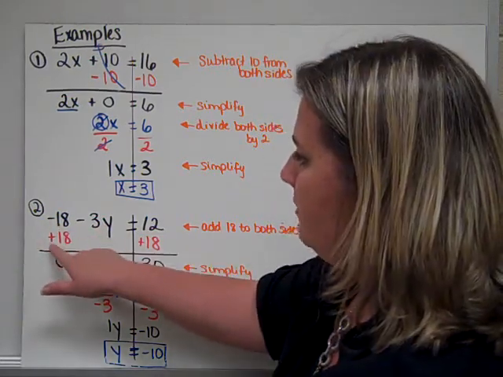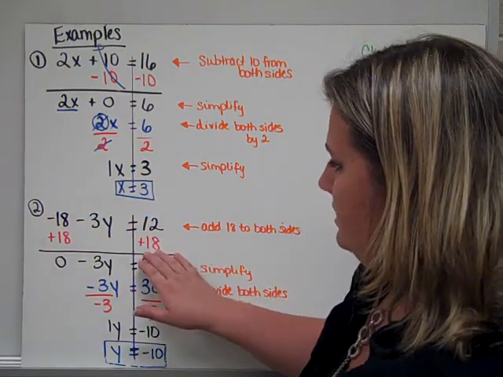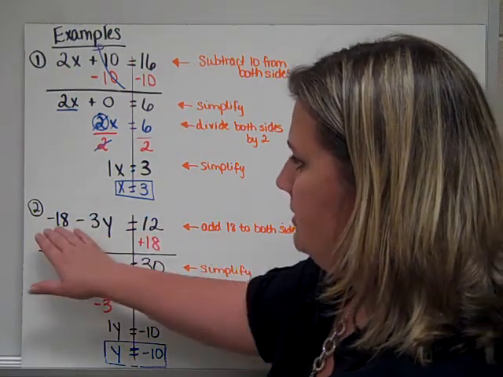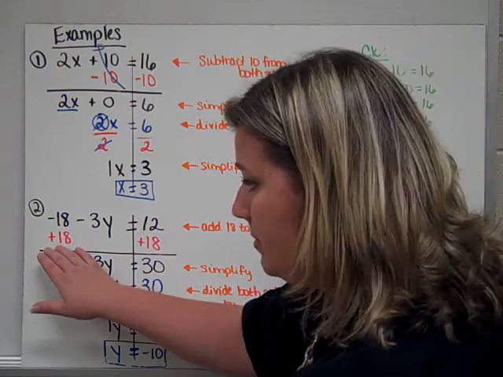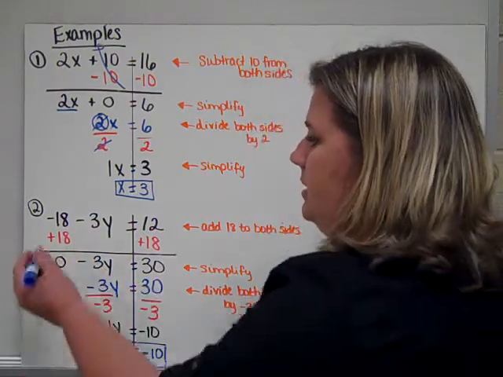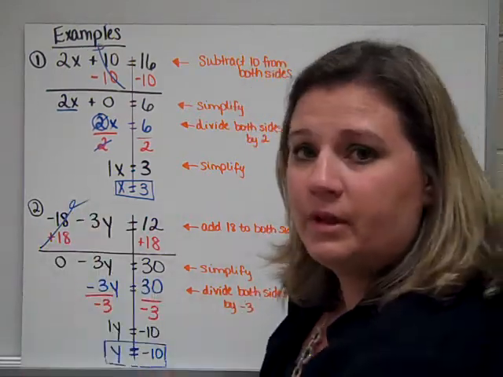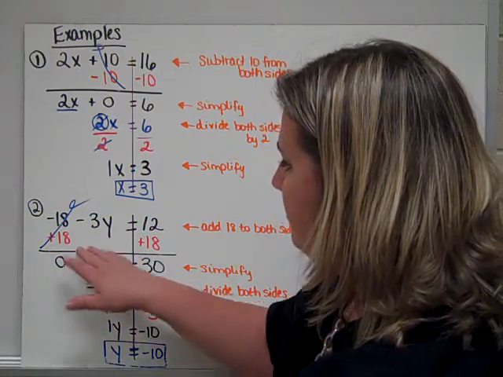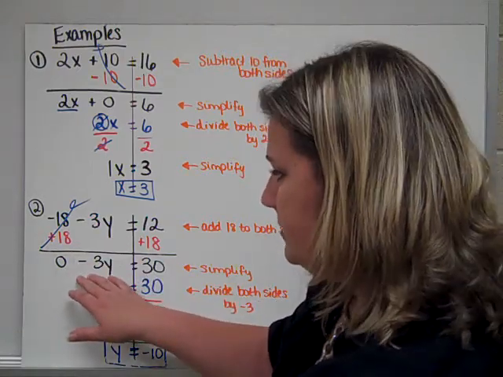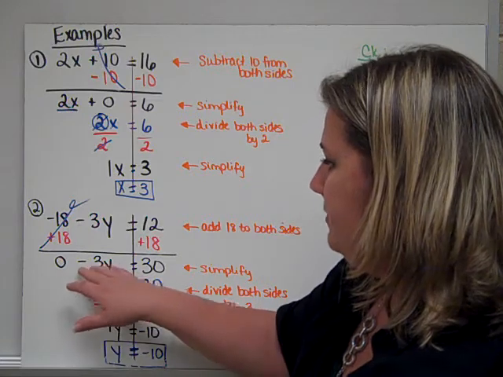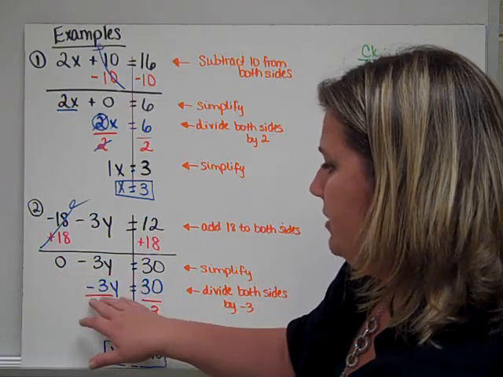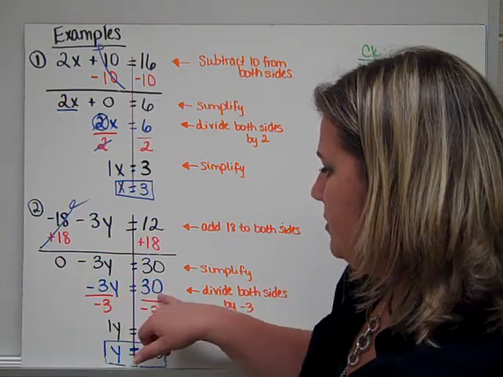I must do the same to both sides. So negative 18 plus 18, both of those add up to 0. Negative 3y is what comes down. When I simplify, that gives me negative 3y equals 30.